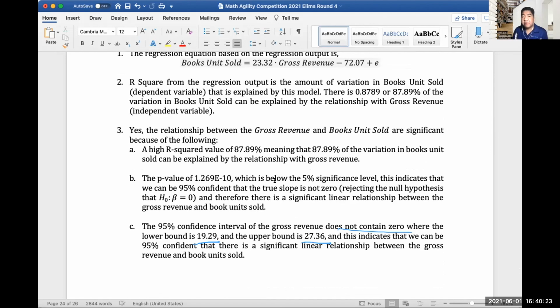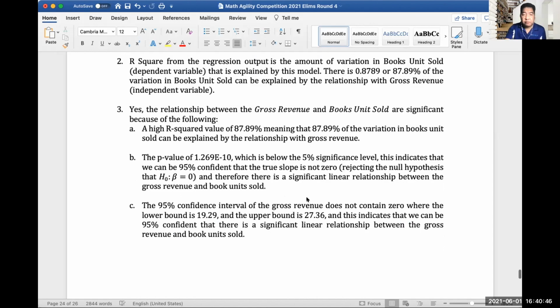If it contains zero, then it's not significant, right? So since in this range there is no zero, therefore it is significant. And we are 95% confident that there would be a significant linear relationship. Okay, so if you answered all of this, you would get 2 points for question number three.